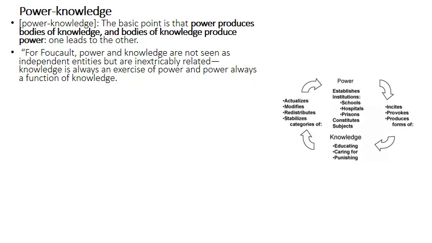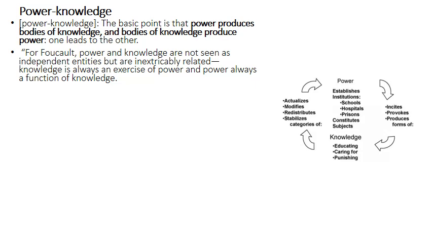If you were to know about Mars, you would have to send rovers to Mars, you would have to send satellites to Mars, you would have to, in other words, produce an exercise of power. So knowledge involves an exercise of power. Knowledge also grants power. Knowledge is always an exercise of power. To know is to control, and power always a function of knowledge.